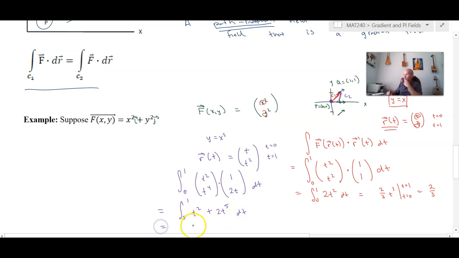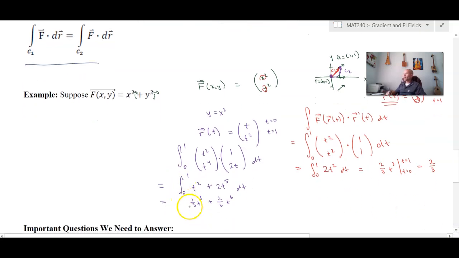So this gives me 1/3 t cubed plus 2/6 t to the sixth. And I need to evaluate this from t equals 0 to t equals 1.